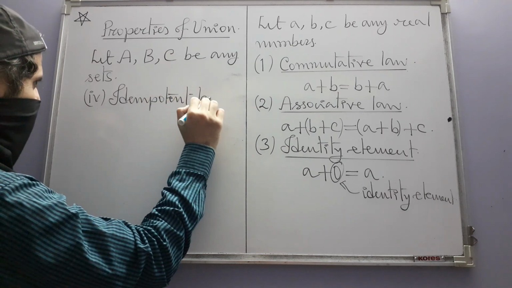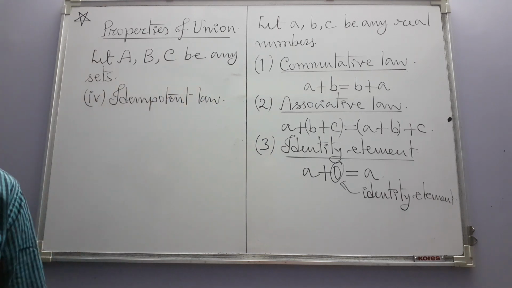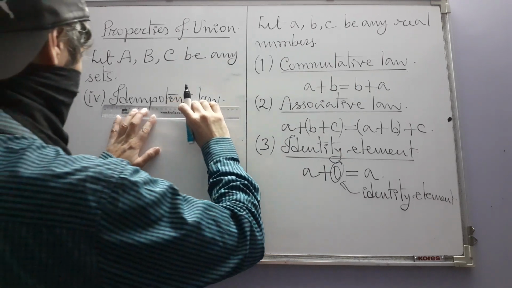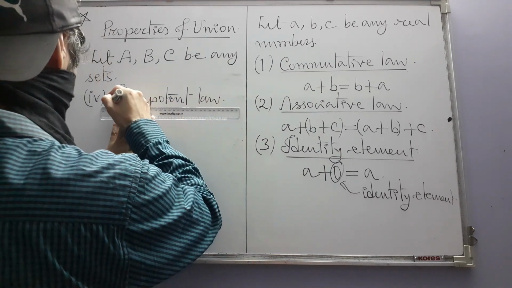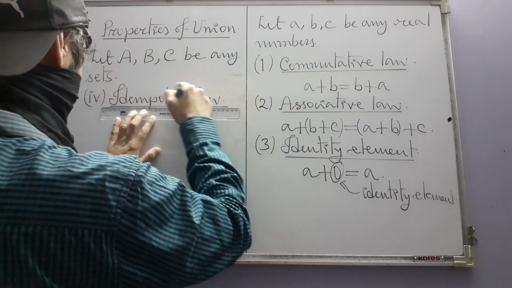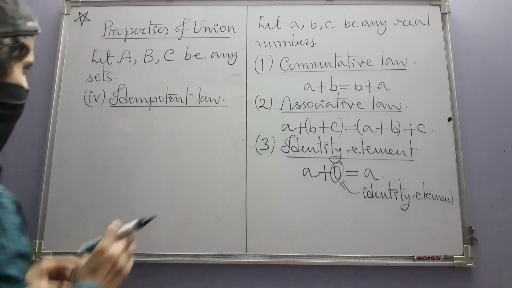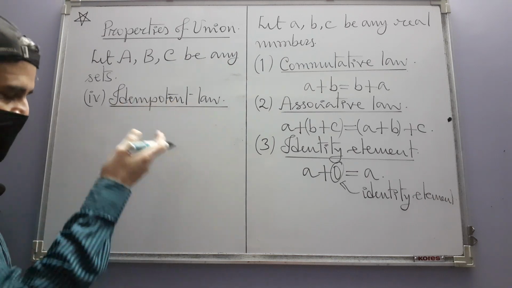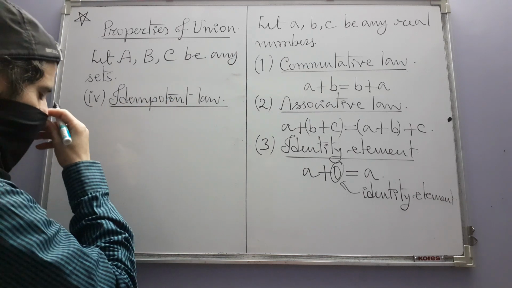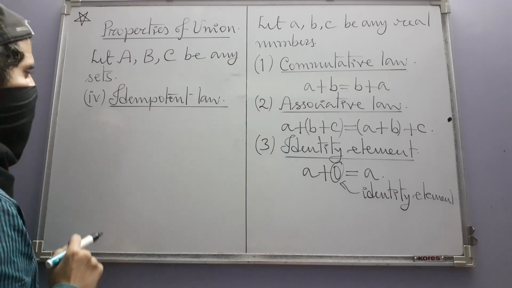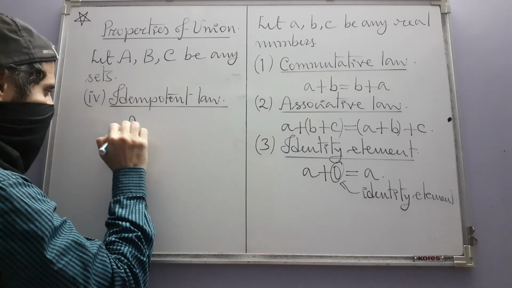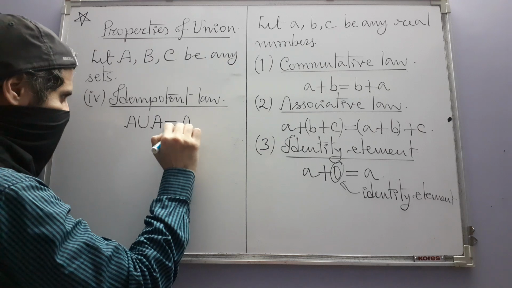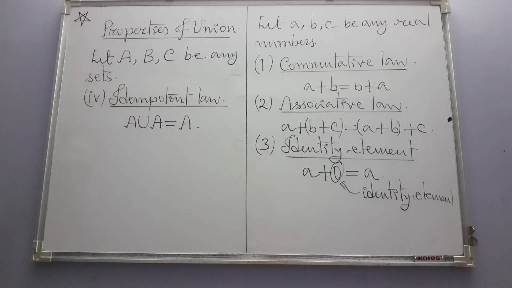Idempotent law. Just like identity element, there are some elements which are called idempotent elements. In what context, I am not going to say. For now, it's just this law has a name. Okay, let's not go too deep into it. It is just the fact that when you take the union of a set with itself, you get the set itself.